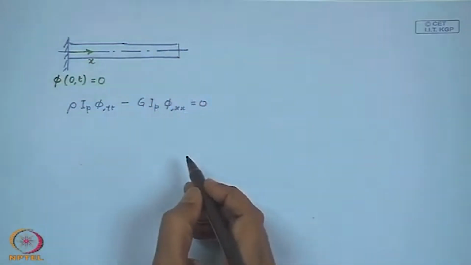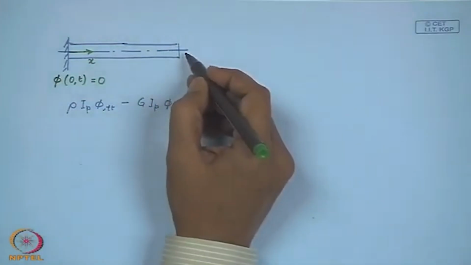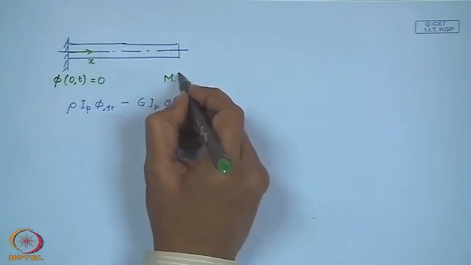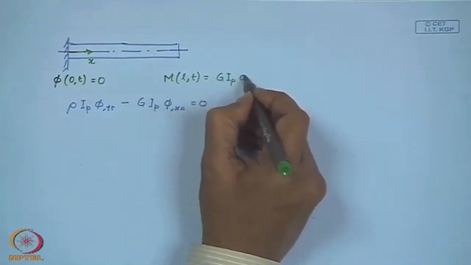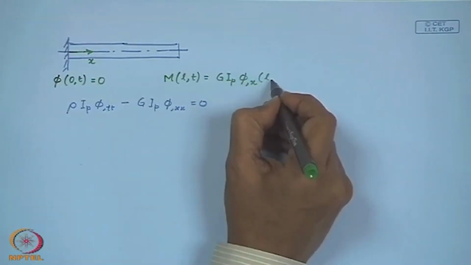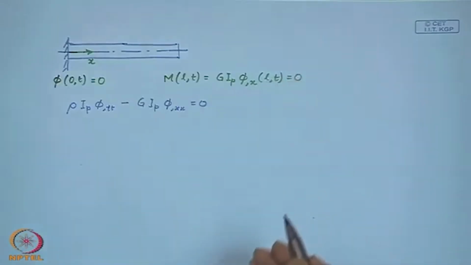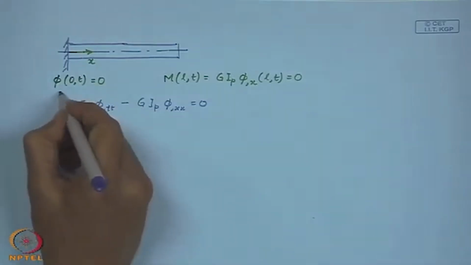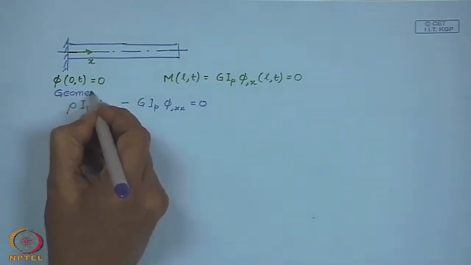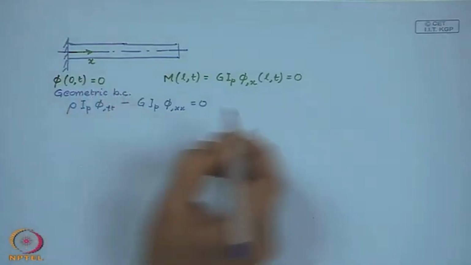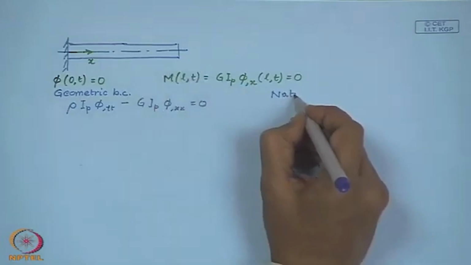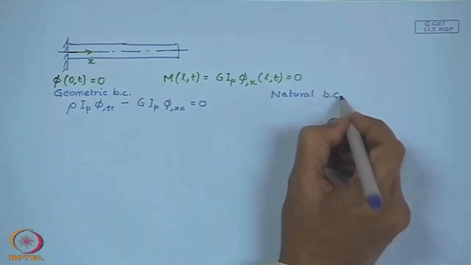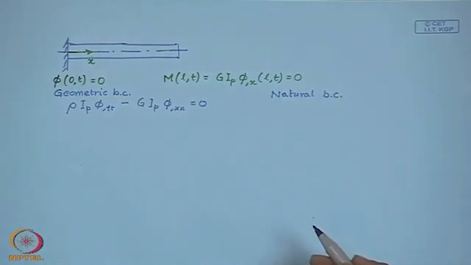On this end of the bar, the torque is 0, which is therefore given by, so this is a geometric boundary condition, whereas on the right end of the bar we have a natural boundary condition.